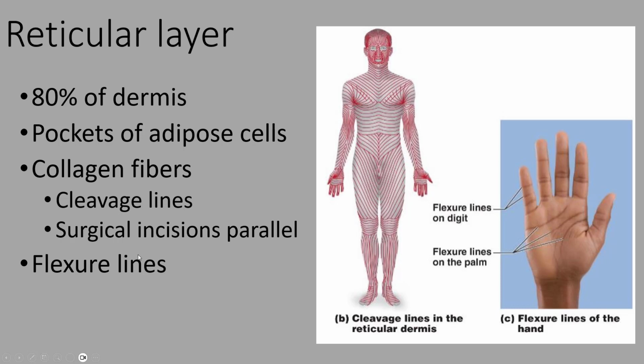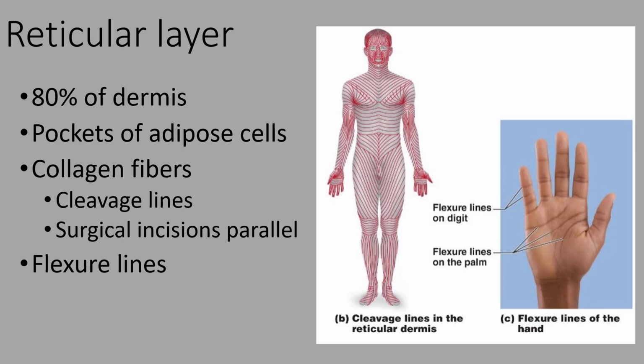Another thing that we find is called a flexure line. These are also found on the palms of the hand, the joints of the fingers, the joints of the toes, the back of the elbow, the back of the knee. So this is in places where we find repeated bending or flexing. Flexure lines are areas where the skin is being held very tightly to the deeper tissues.